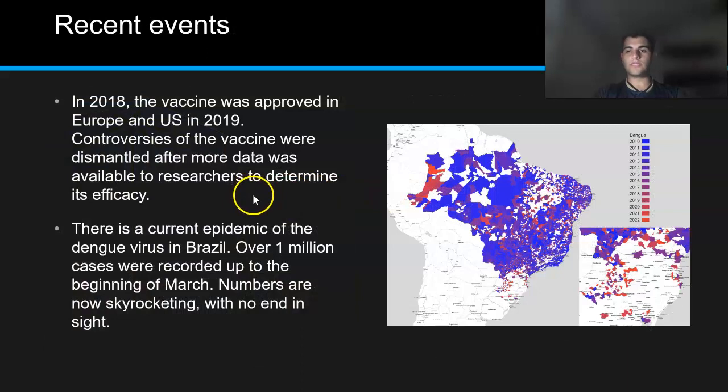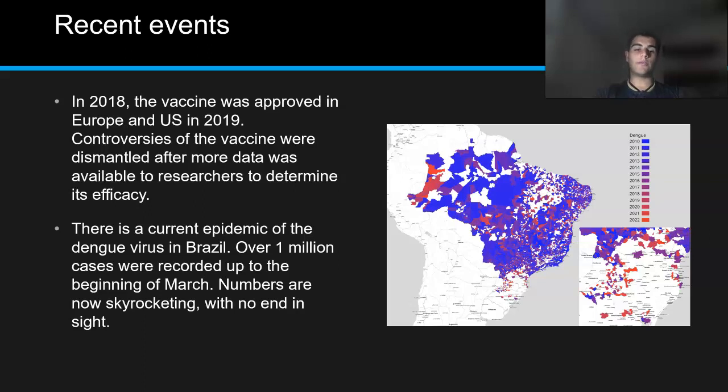After the public backlash that occurred in the Philippines, the vaccine was approved for use in Europe in 2018 and approved for use in the US in 2019. And the controversies that the Filipino children were used as guinea pigs were dismantled after more data was available for the researchers to determine the actual efficacy of the vaccine.